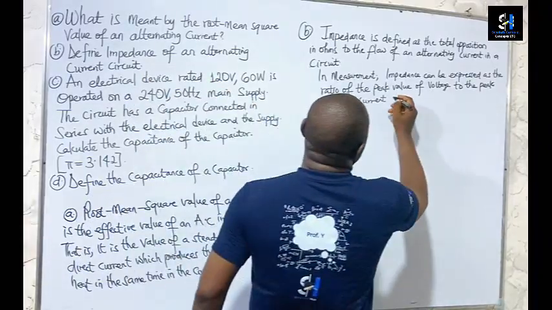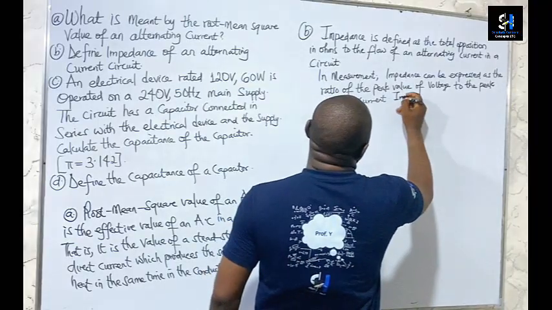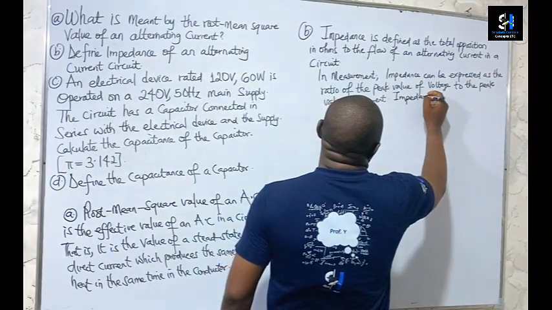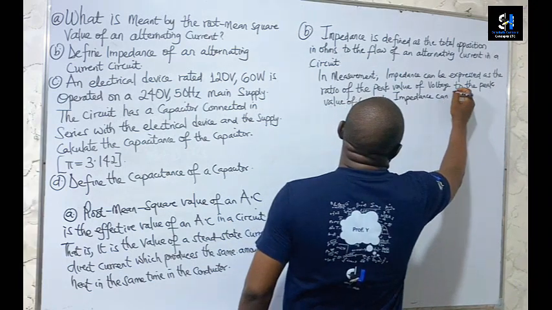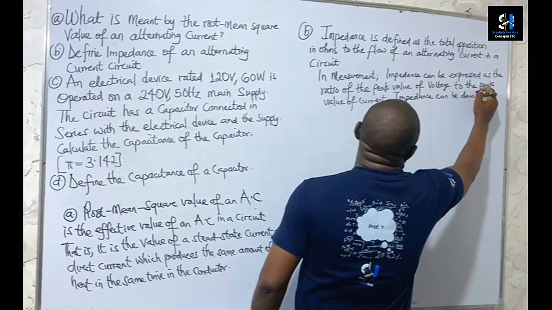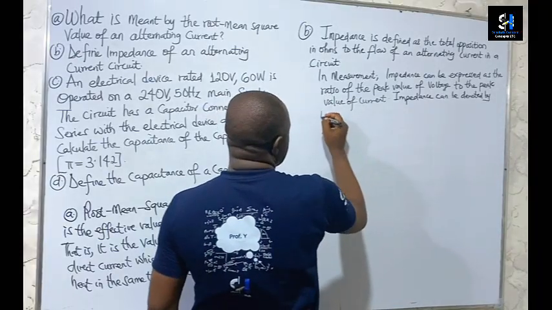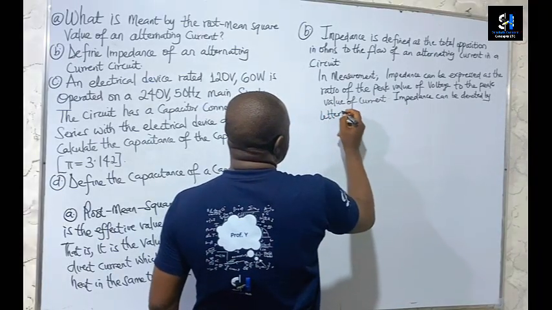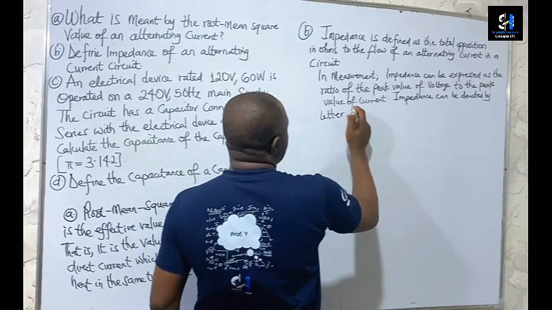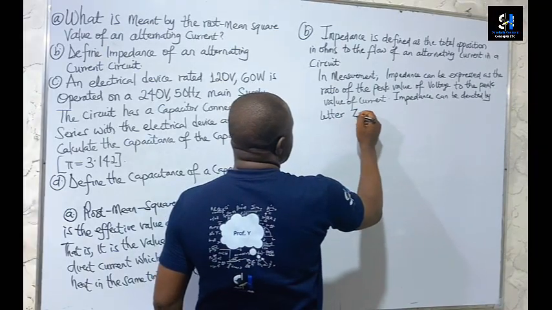So in this case, impedance can be denoted by letter Z. We use letter Z to represent impedance.